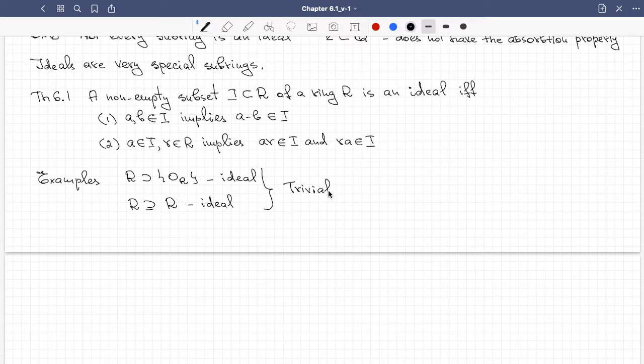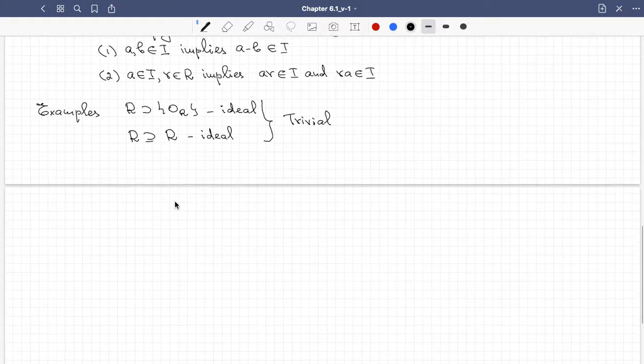They are called trivial ideals in the literature versus proper ideals, which are not those. They are sometimes called trivial ideals. Sometimes only the whole ring is called trivial, not zero. Depends on the literature.